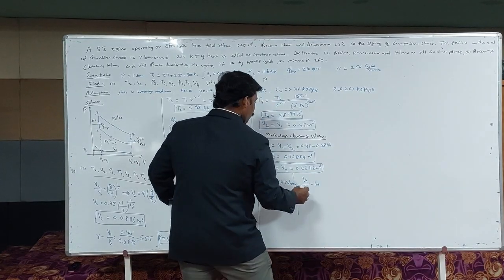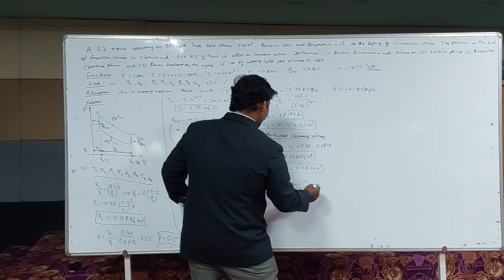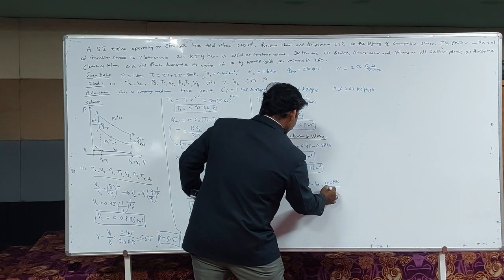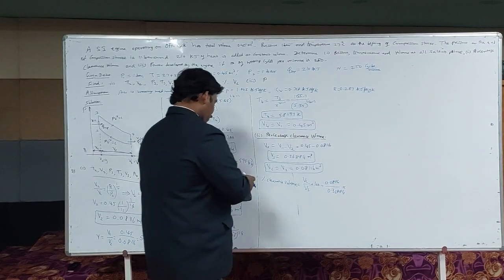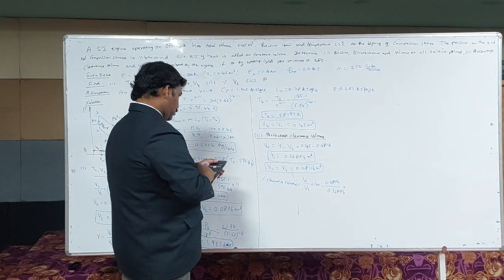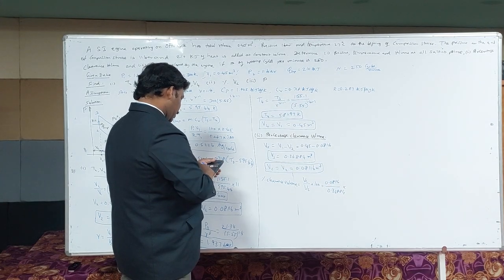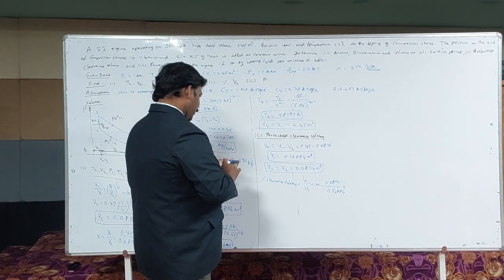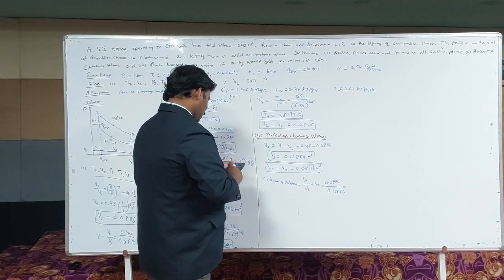Vc is V2, that is 0.08116, divided by the swept volume 0.36884 into 100.